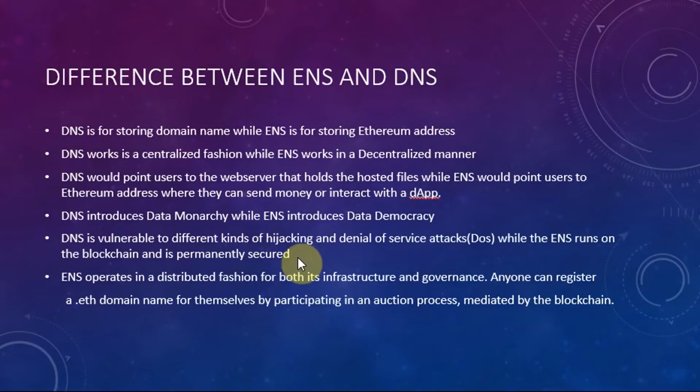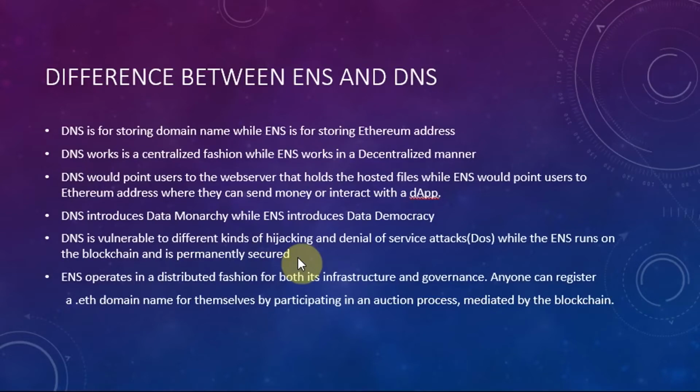The ENS works on Ethereum, on the blockchain, while the domain name server works on the traditional central database system that we have. DNS works in a centralized fashion, while the ENS works in a decentralized manner.